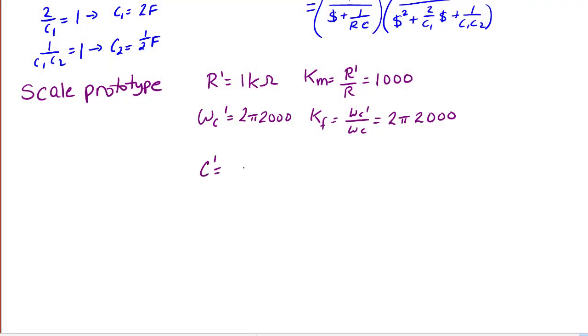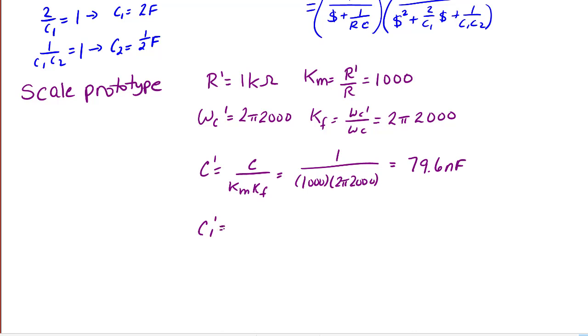So C prime is equal to C over Km Kf, which equals 1 over 1,000 times 2 pi 2,000, which equals 79.6 nanofarads.